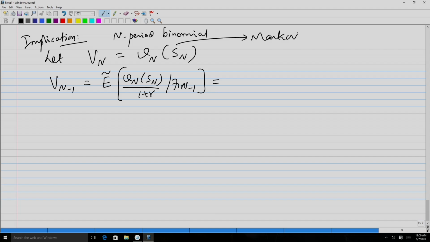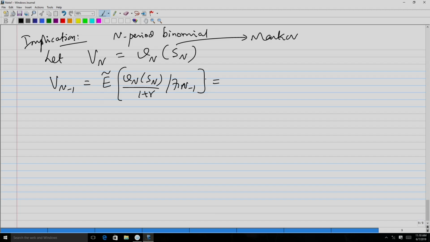In general, even if you consider a path dependent derivative, you have to find the corresponding Markov process and express the derivative as a function of that Markov process. But here we are taking the simpler case, where S n is Markov, which we have already shown. So, this is some function of the Markov process given the sigma field F n minus 1.